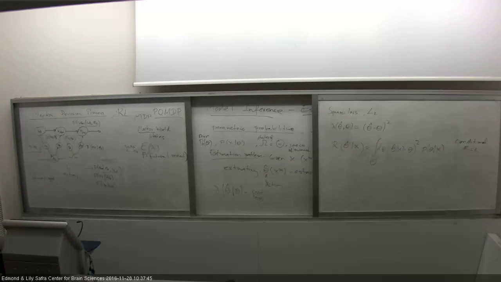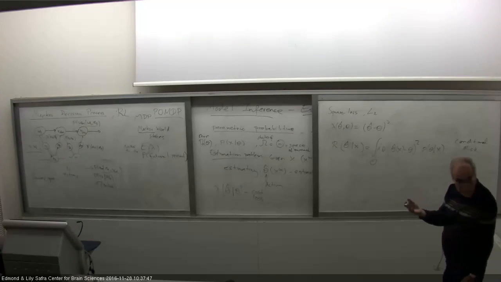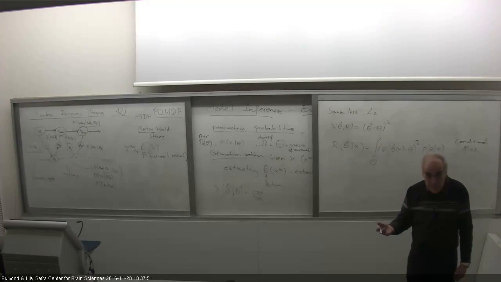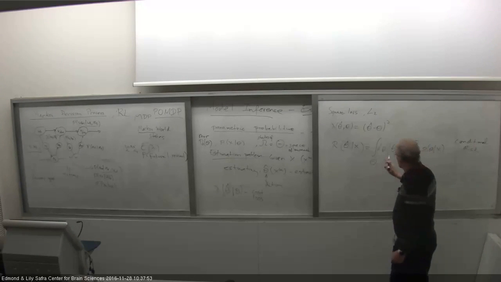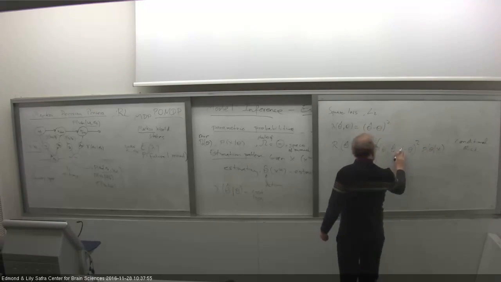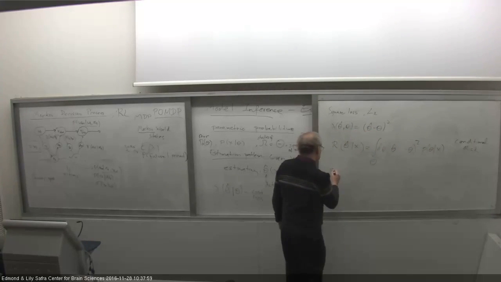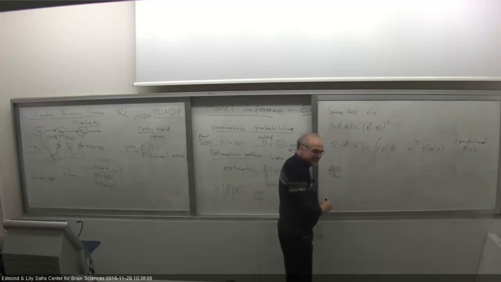So what should I do? My Bayes optimal is what? It is the theta hat that will minimize this. Whatever it is, I don't know what it is yet, theta hat. But I want the argmin. I want theta hat Bayesian L2, whatever.